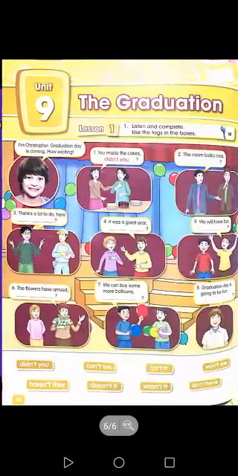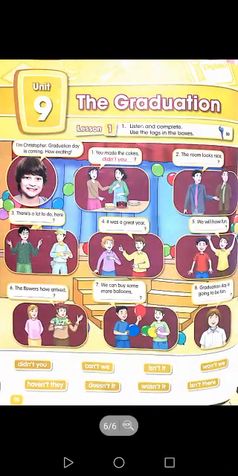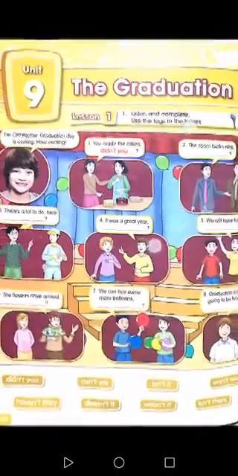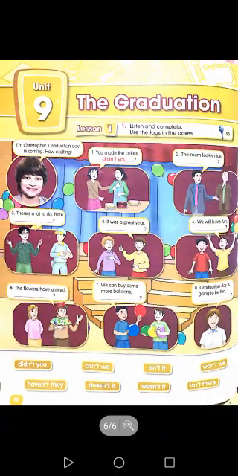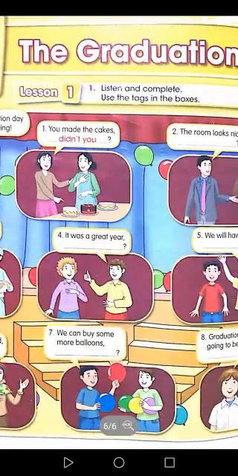Now we will do an activity here in the class book, page 90, Unit 9, the graduation, Lesson 1. Listen and complete.